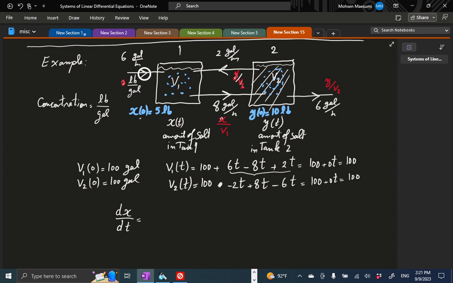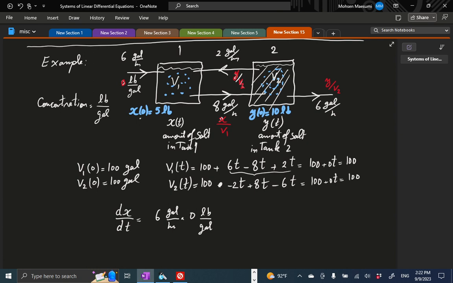But just to make the problem general, the amount of liquid that's coming in, that is the flow rate, is 6 gallons per hour. Each gallon of it is bringing 0 pounds of salt to your tank. If it was salty water, you would have to take care of that.